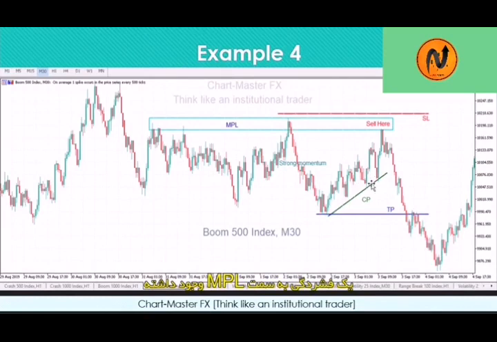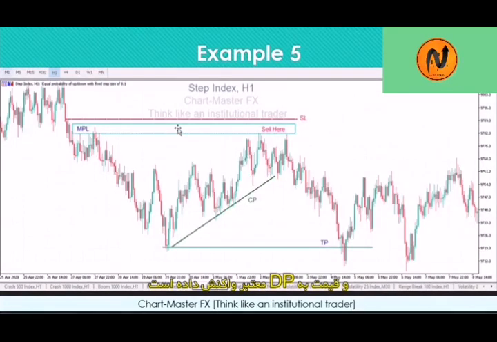So guys, there was a compression there towards the MPL area, and you can see the type of compression, a compression in the form of a channel. These compressions, guys, are very good, and you can see that the price was able to react on that valid decision point.